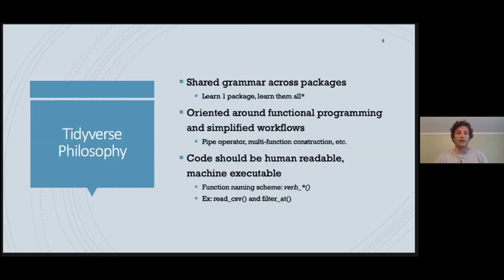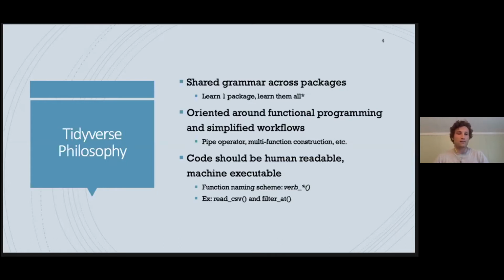The way this is accomplished in the Tidyverse is their naming scheme. Pretty much all of the functions begin with a verb that describes what action is going to be taken on the data set or whatever type of vector or object that you're working with. Really clear examples of this would be read_csv and filter_at functions.